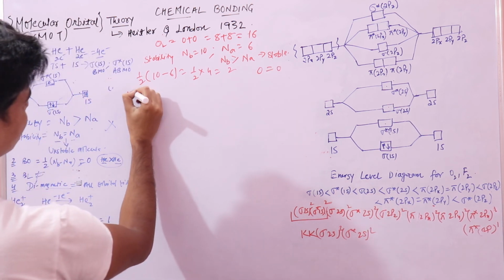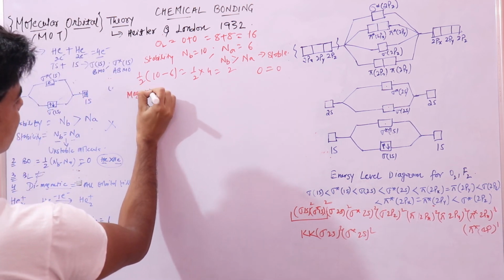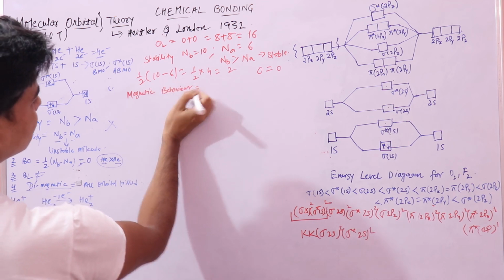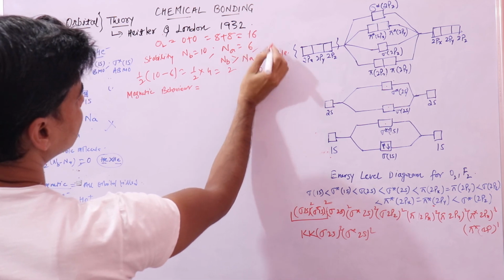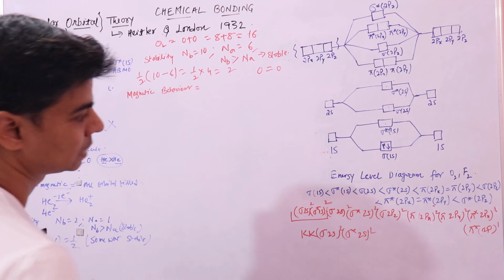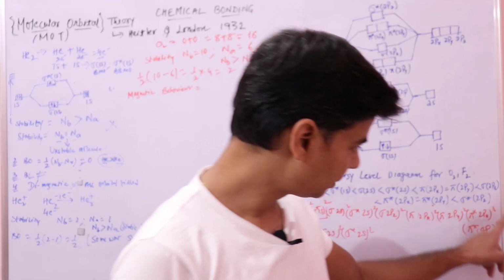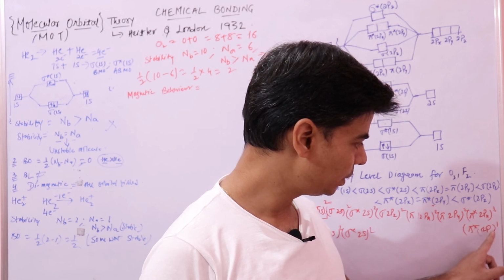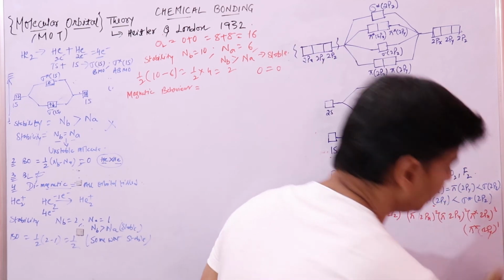And what about its magnetic behavior? You can see all are filled orbitals, but these two, pi star 2px and pi star 2py, are half filled orbitals, right?